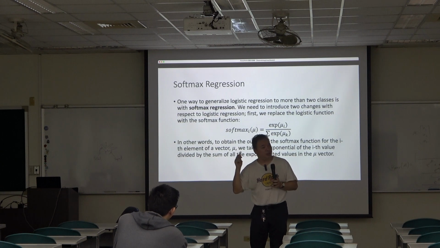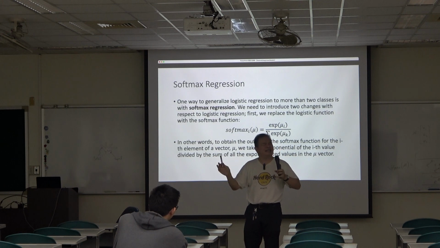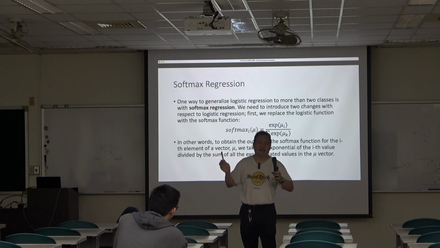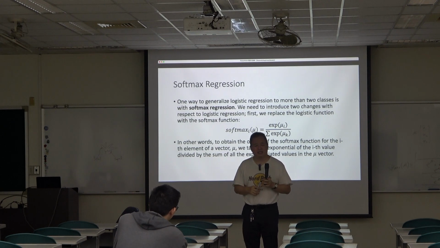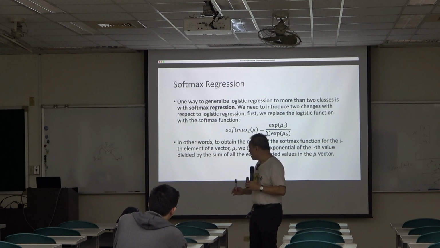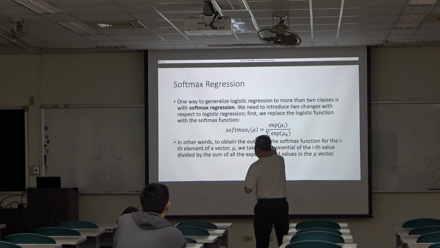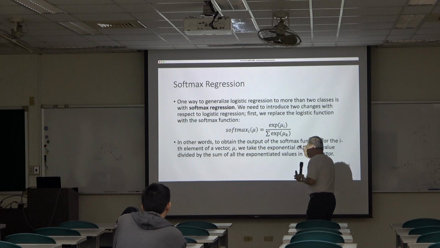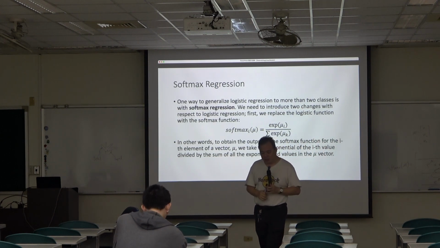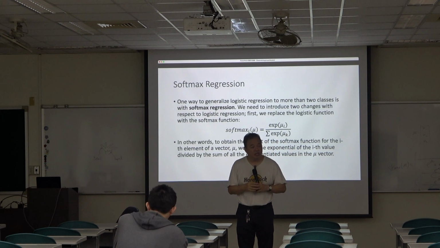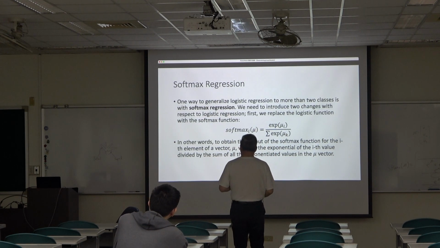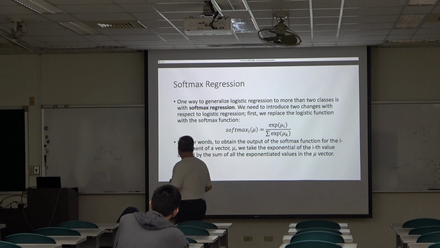You can try it yourself. I'm not saying softmax does not handle 2 classes, but if it's 2 classes, you just use a logistic function, that's easier. But if you use softmax for 2 classes, this thing automatically reduces to a logistic function. And the regression that applies softmax is called softmax regression.